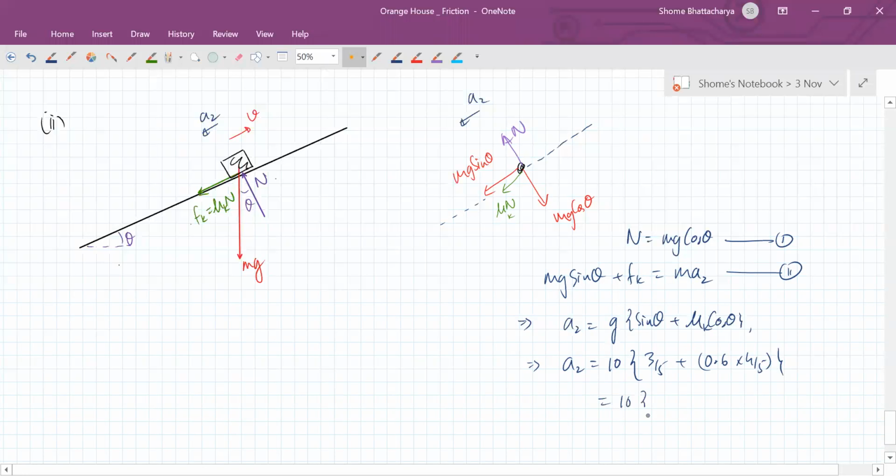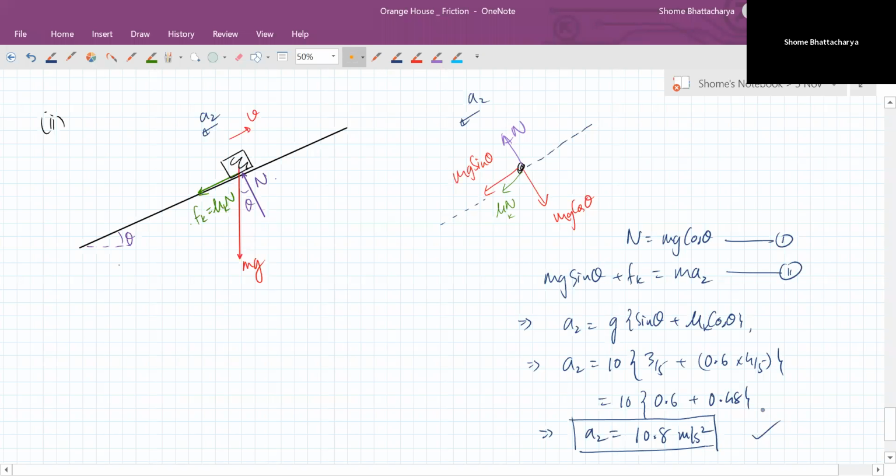That is 10 into 0.6 plus 0.48. So it becomes 10.8 meters per second square. This will be the deceleration in the second case. So just make a note of this, people, and hope you've understood this second part.